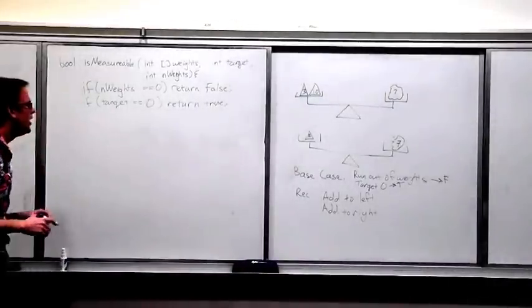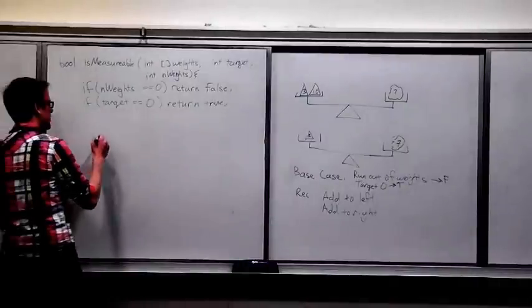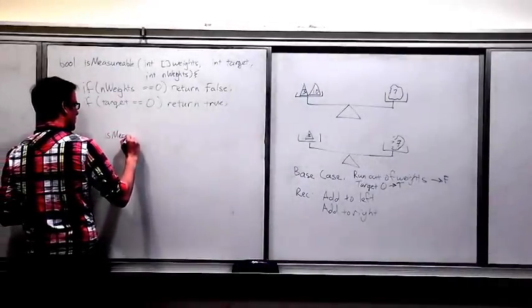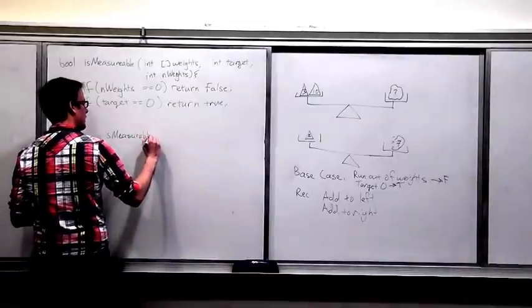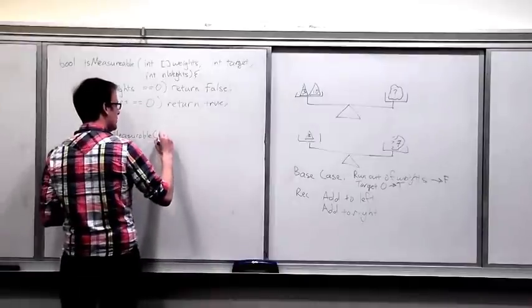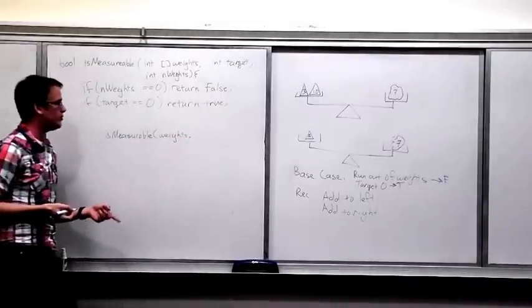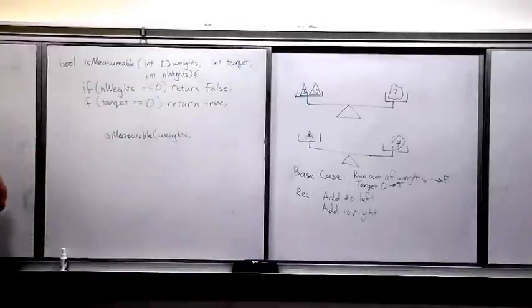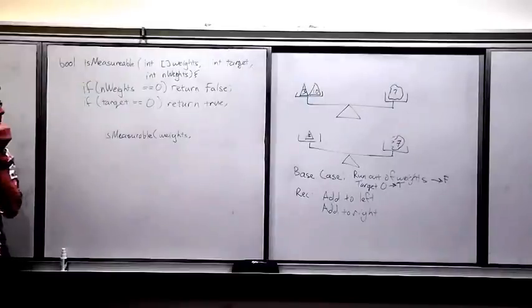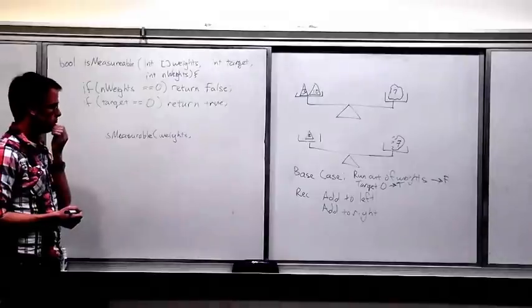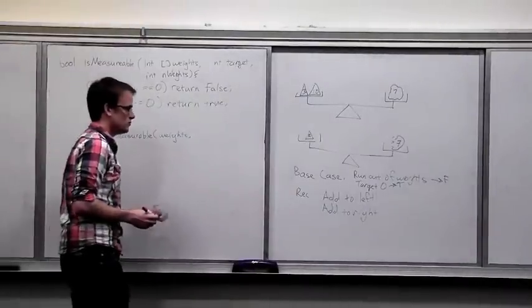Great, awesome. Okay, so let's go ahead and write our recursive call. So this is going to look like is measurable. And we said we wanted to keep weights exactly the same. What's the parameter that we would pass in to target if we add to the left? So I guess if we're adding to the left, we're shrinking the target, so we target minus n weights at. Great, yeah.